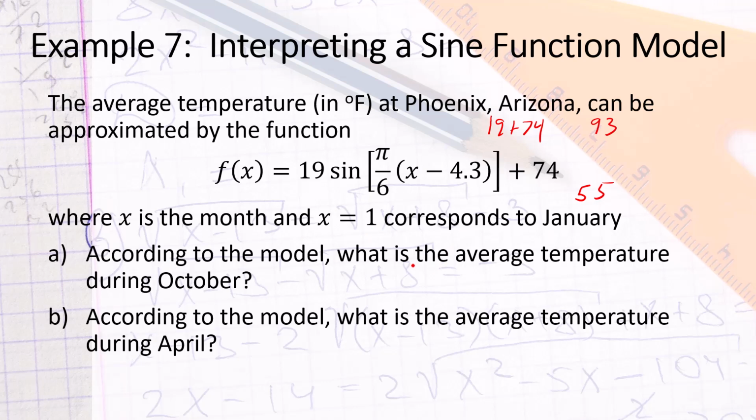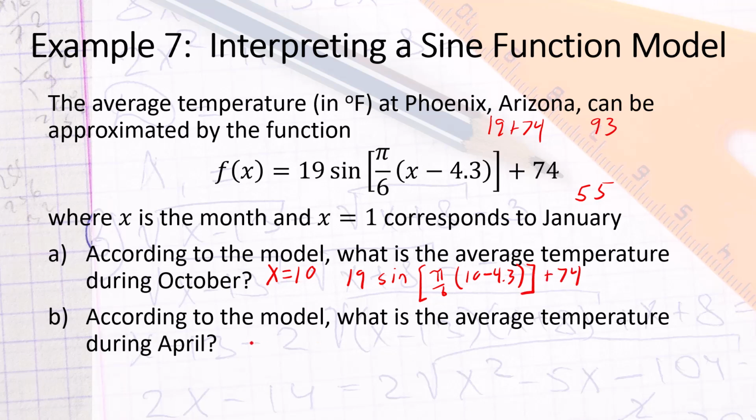Now, according to the model, what is the average temperature during October? Well, that is when x is equal to 10. So that's going to give me 19 times the sine of pi over 6 times 10 minus 4.3, plus 74.